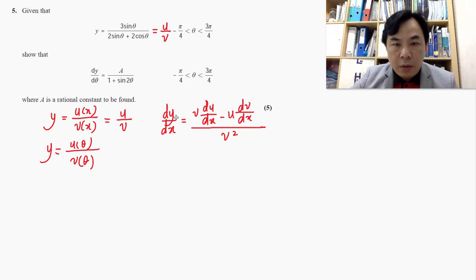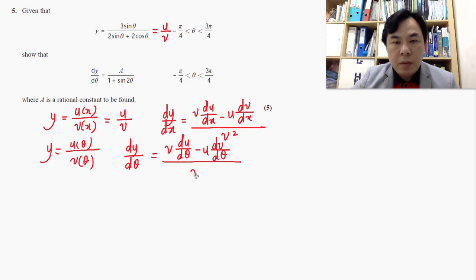Instead of dy/dx, since we differentiated with respect to x just now, now we are dealing with theta, so the format is more or less the same, but we change it to theta instead. Divided by v squared. I hope that is clear.